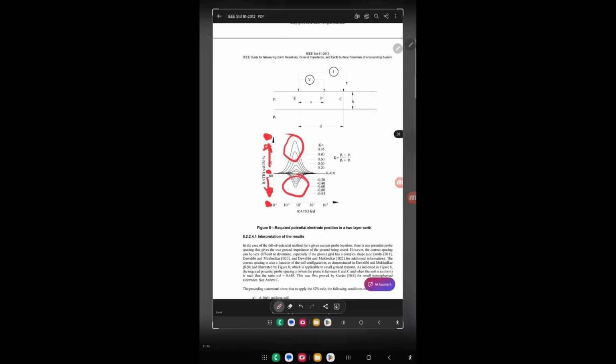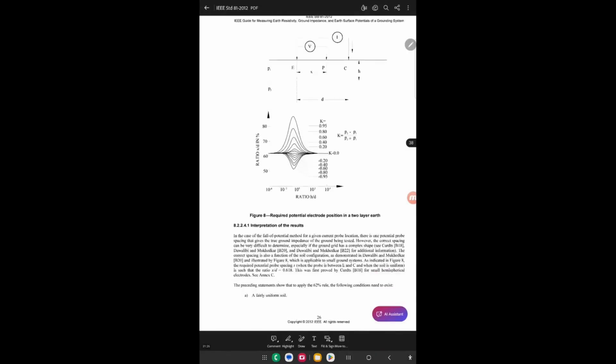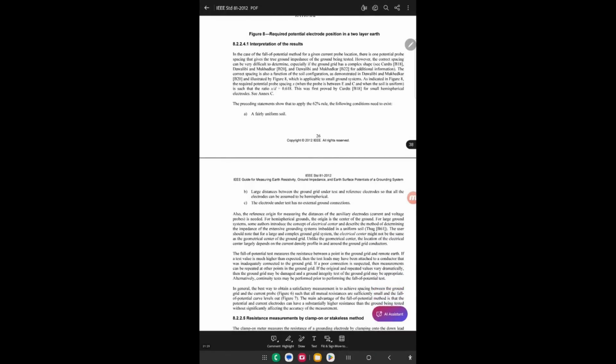Very low resistance, and I will approve it without having the justification. This standard is phenomenal because it not only shows me how to do it, but it also tells me how to analyze and interpret the results.